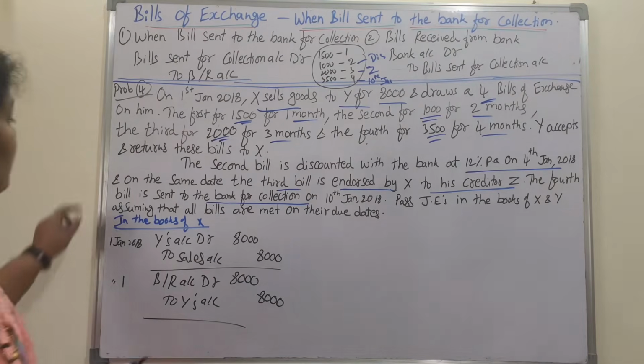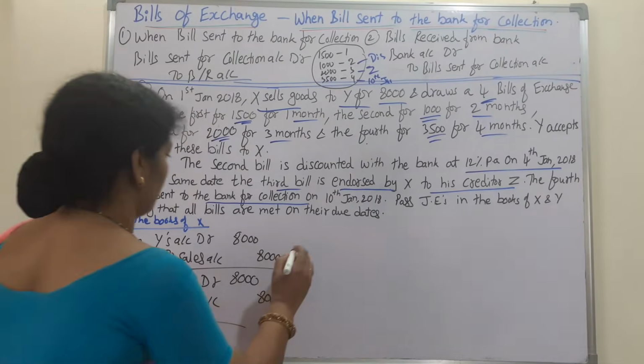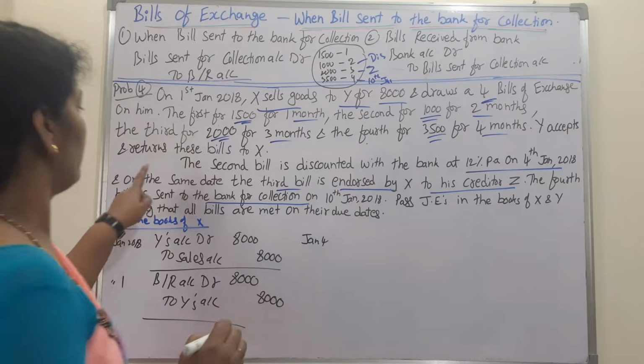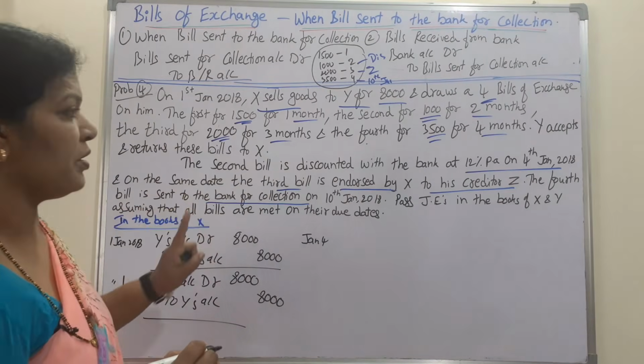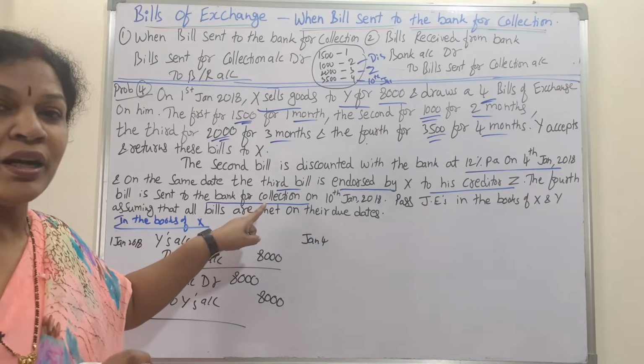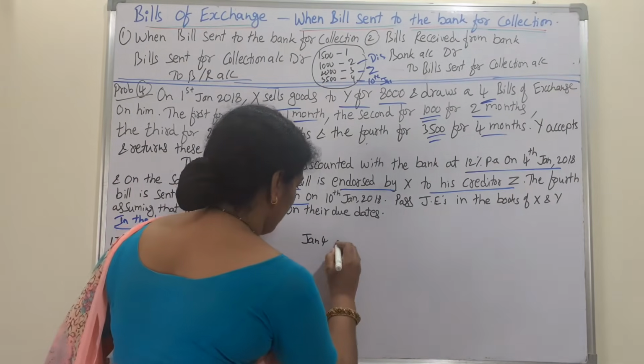Next, on January 4th, the second bill is discounted. When a bill is discounted, bank account and discount account are debited, bills receivable is credited.